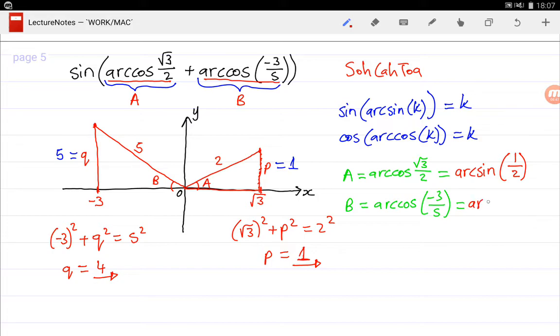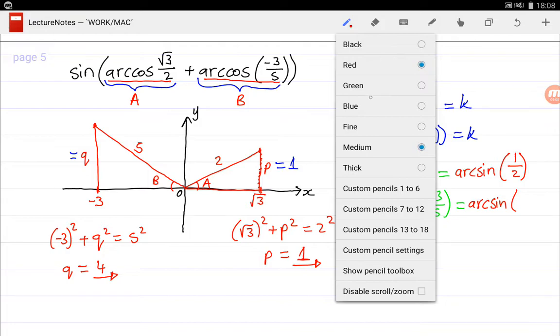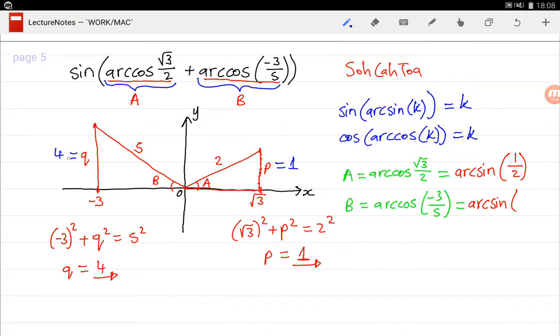That's opposite over hypotenuse. And here we're going to do the same thing with the other triangle, where the angle B is opposite 5. No, this is not supposed to be 5. Sorry about that, I made a complete mistake. That's going to be 4.